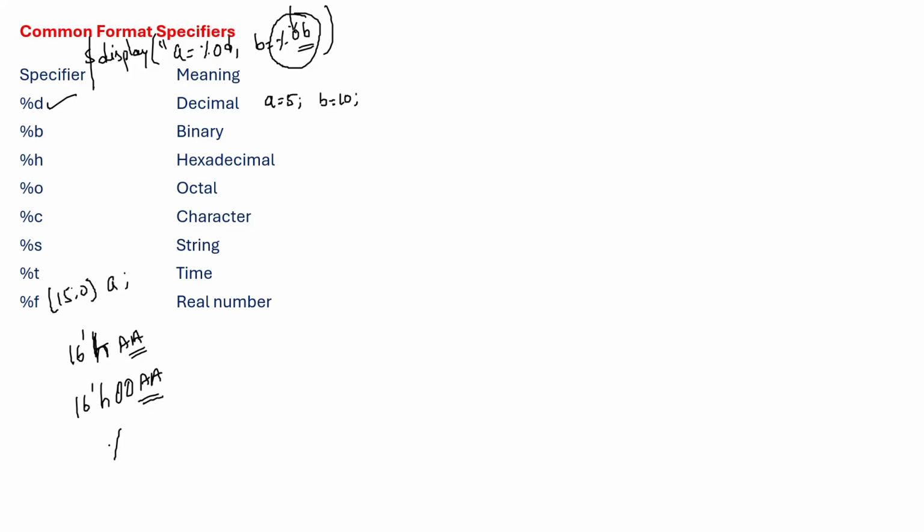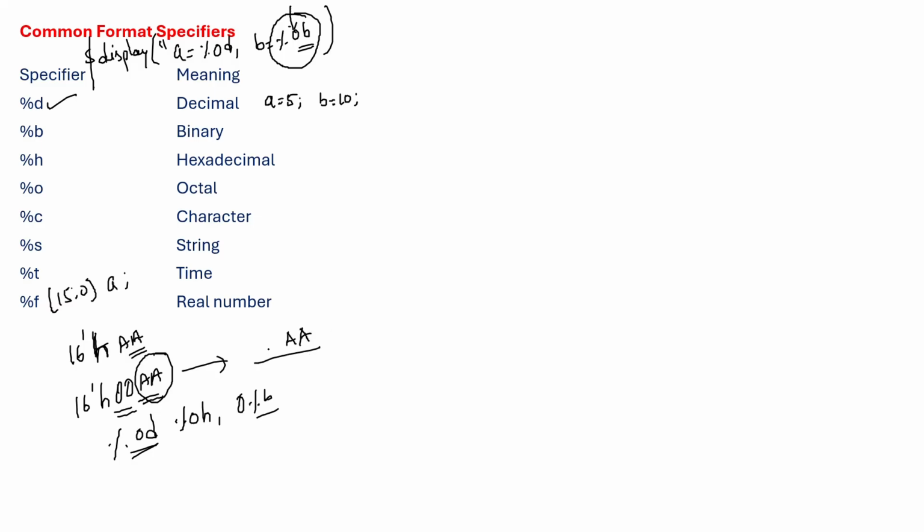If you are not using %0d or %0h or %0b, here 8 values only we are giving, the remaining 8 bits are not given, then your display will look like this.